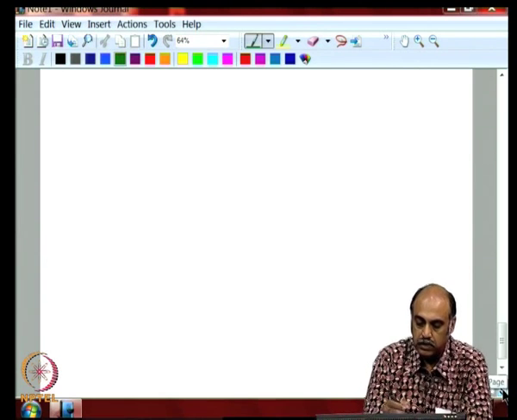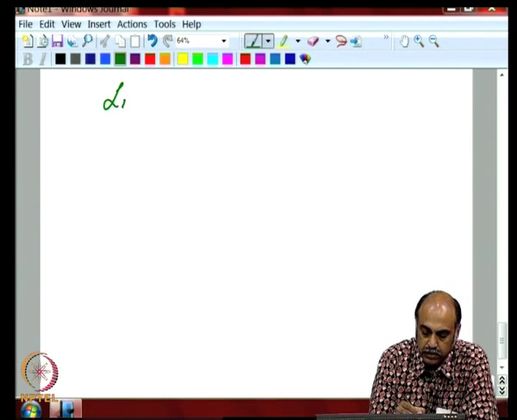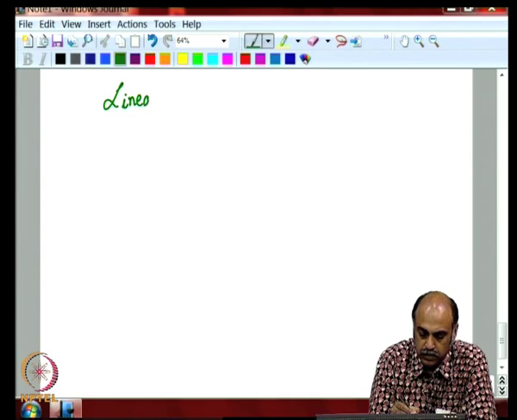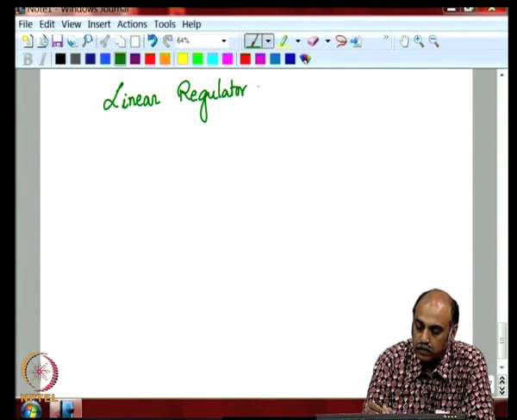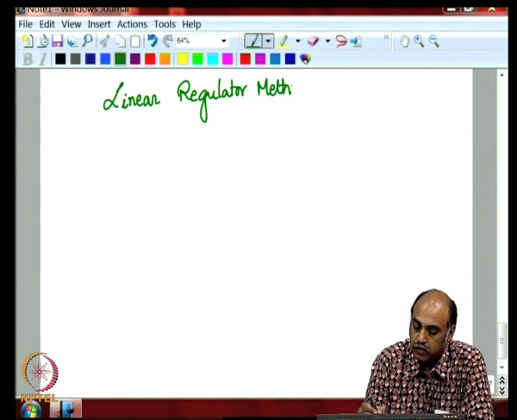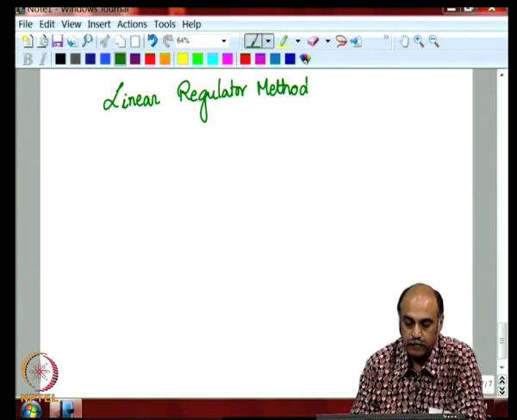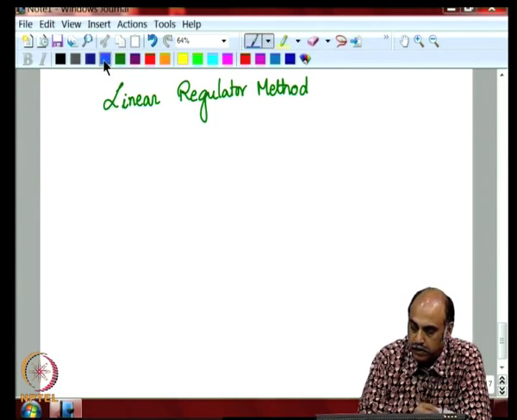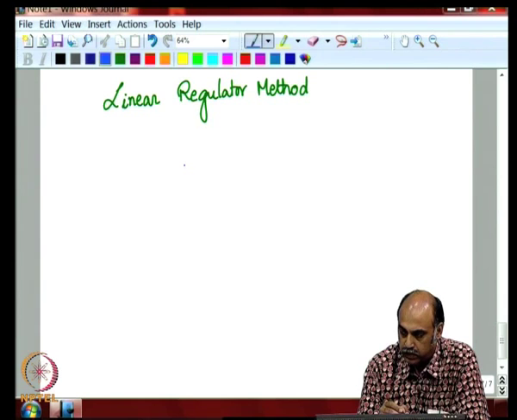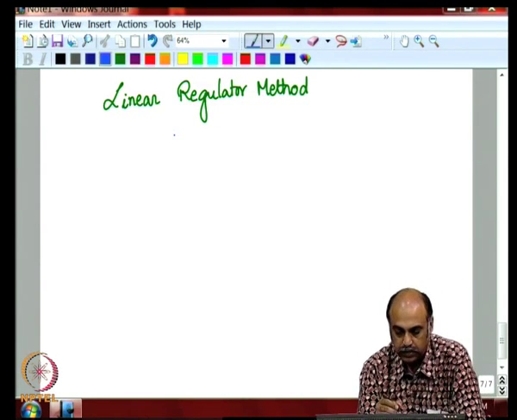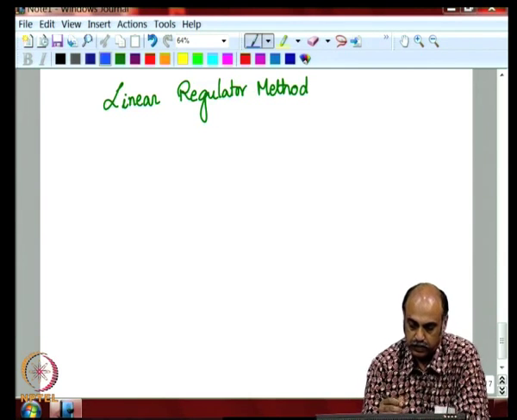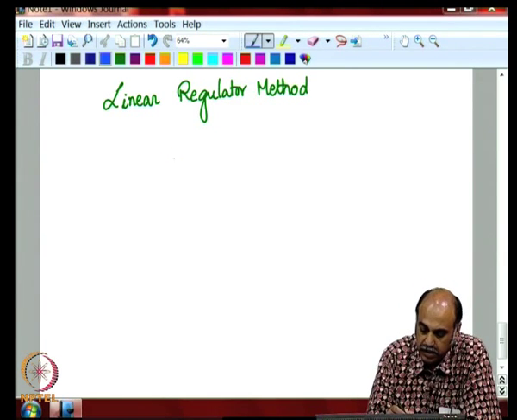So, first the linear regulator method, it is very simple. Let me draw, this time I will draw another converter instead of flyback. Let me draw the forward converter with demagnetizing winding.